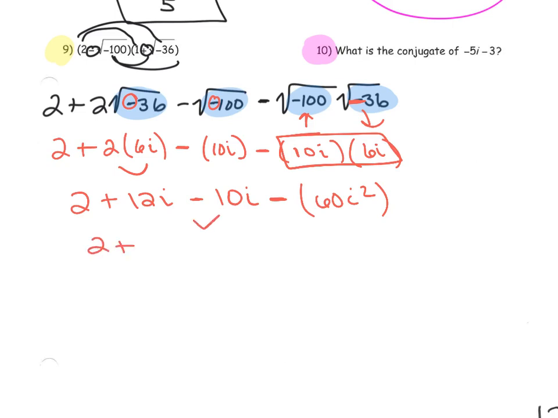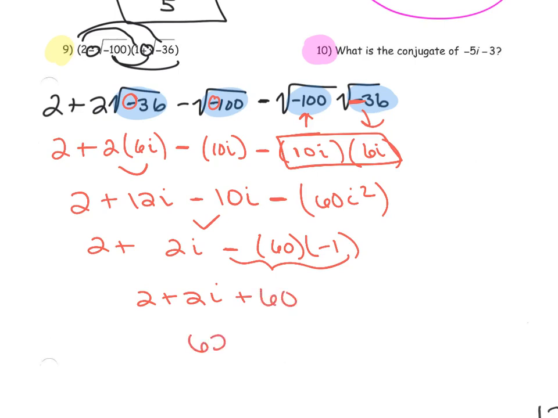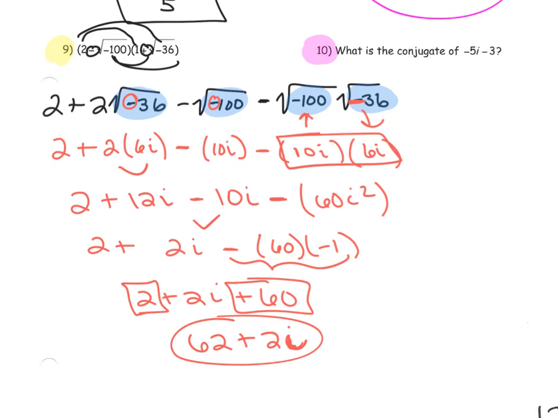Let's combine like terms. 12i minus 10i is 2i, minus 60 times i squared, which is -1. So I have 2 plus 2i, this all together is positive 60, and I'm left with 62 plus 2i, leaving that in a plus bi form. Alrighty. And for question 10, I'm not even going to post the answer because there is no work to show.